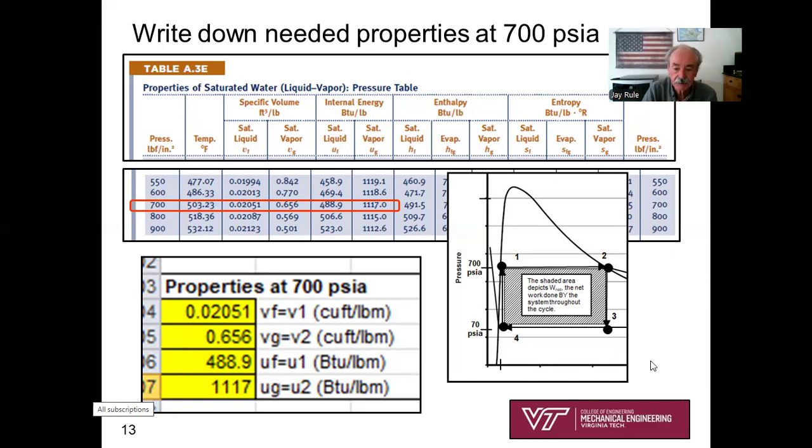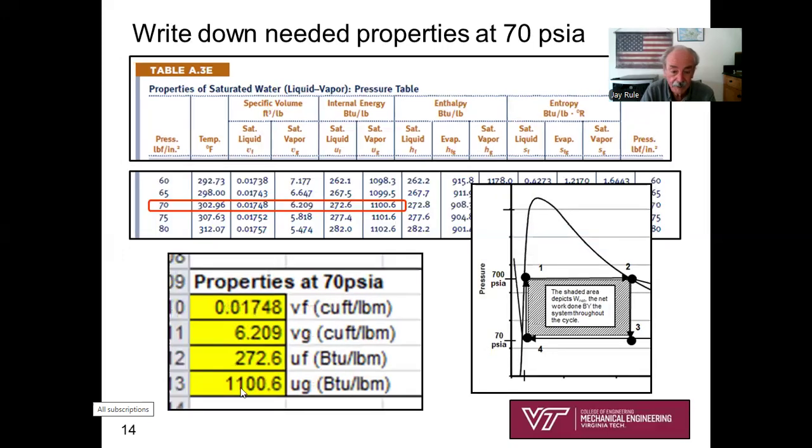The next thing I'm going to do is go to my pressure table at 70 psi, because I'm going to have that same pressure at those states as well. You see the phase of state 1 is saturated vapor, so vf, uf for saturated liquid, and vg and ug for saturated vapor.